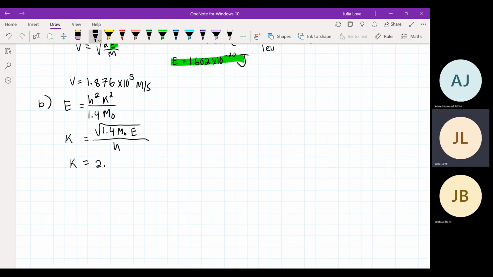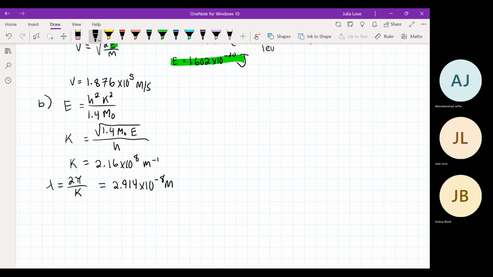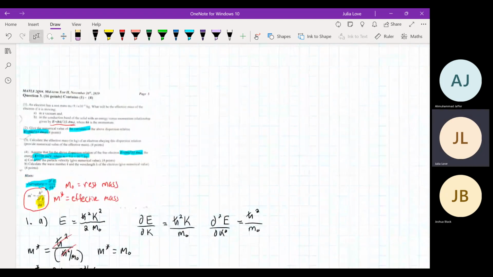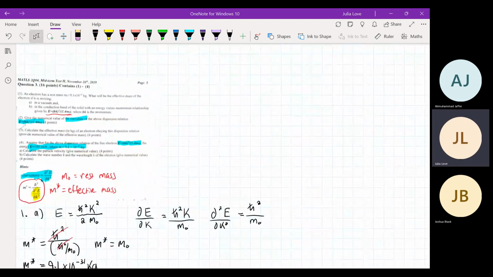Then we get k equal to 2.16 times 10 to the 8 meters to the negative 1, and then use the same wavelength relationship that we've used earlier, that the wavelength is just equal to 2 pi over k. And then we have a wavelength of 2.914 times 10 to the minus 8 meters. So that's 4B. So we've done all of question 3 now as well.